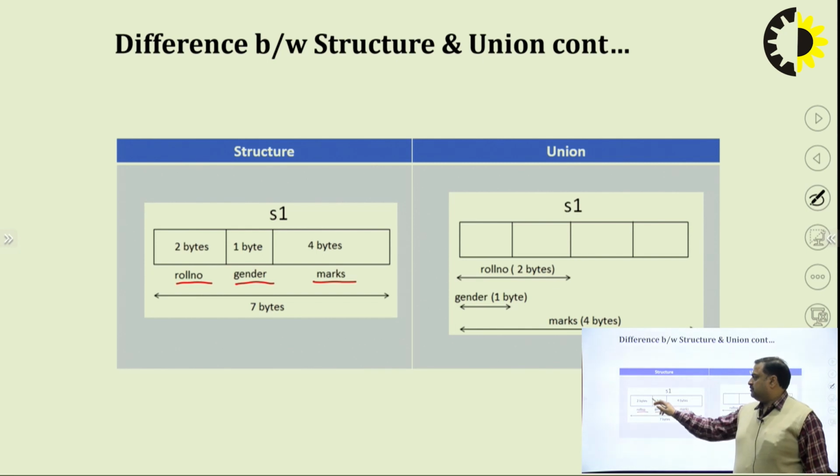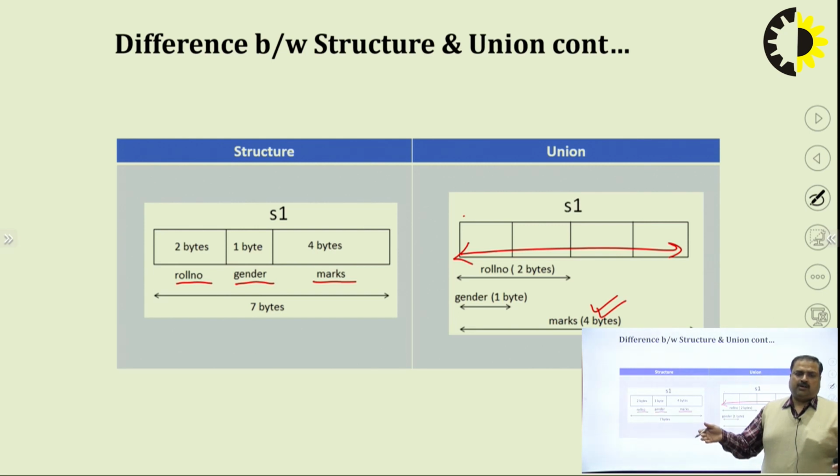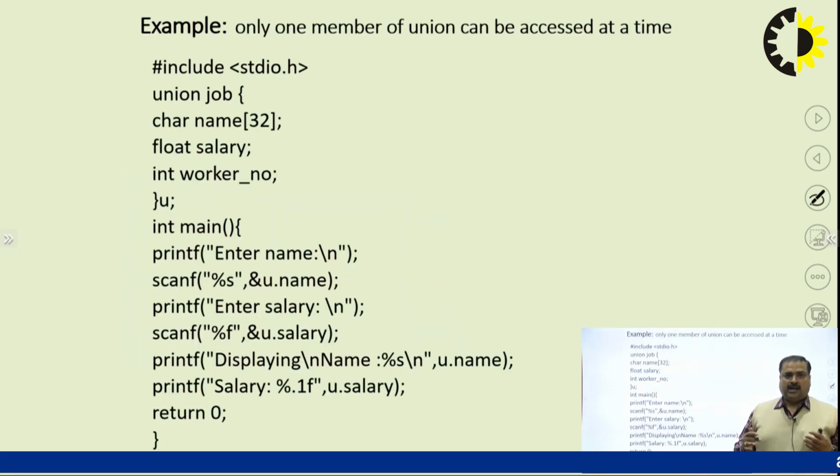So 4 plus 1 plus 2, we have a 7-byte variable, whereas in the case of a union the largest one is 4 bytes. So it will span only 4 bytes, because 4 bytes is the largest requirement. Memory equivalent to the largest requirement will be allotted for a union variable. That is basically what happens in the case of structure and union.